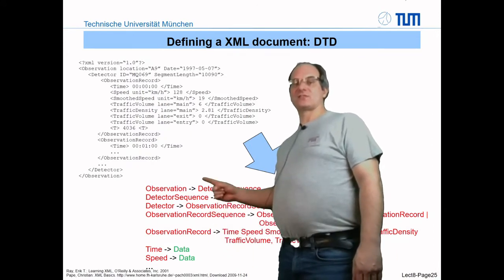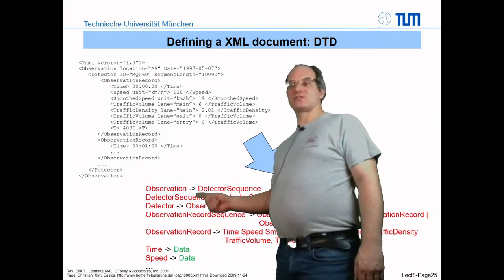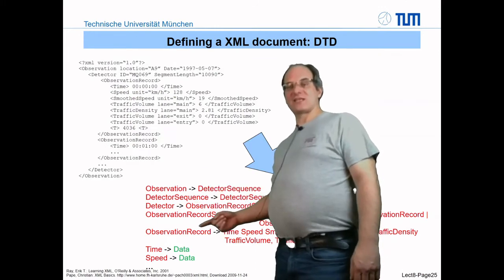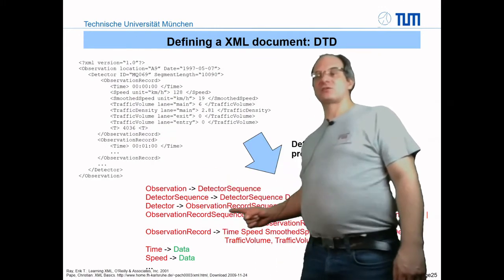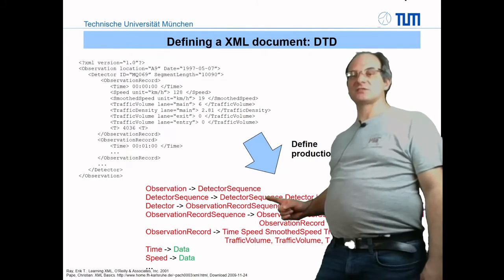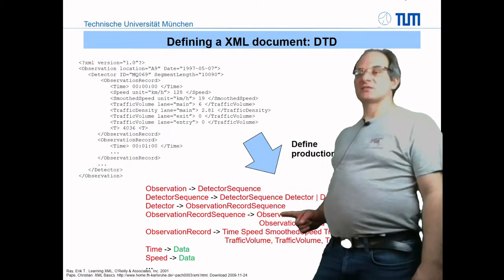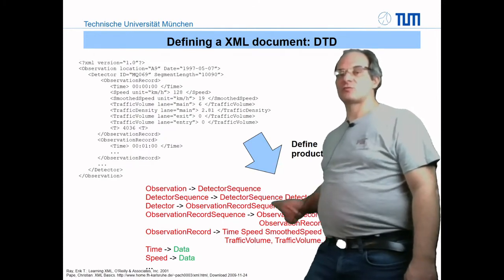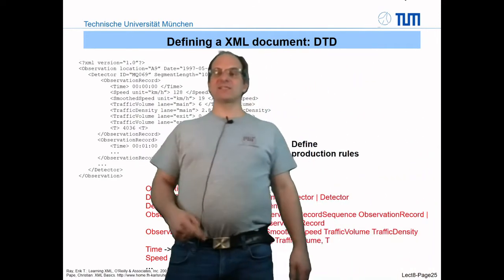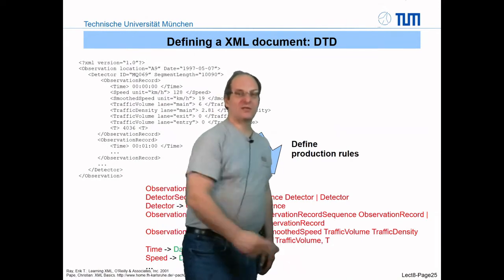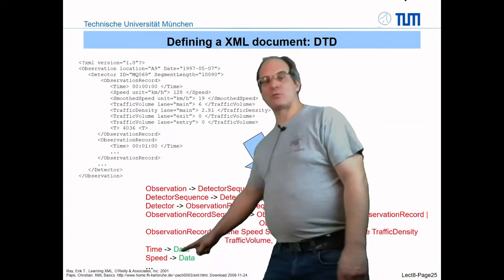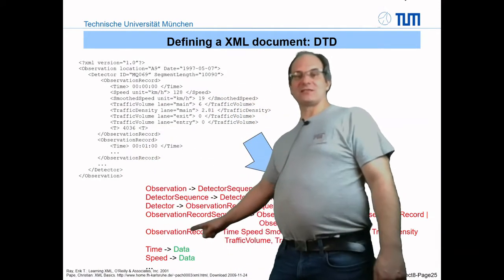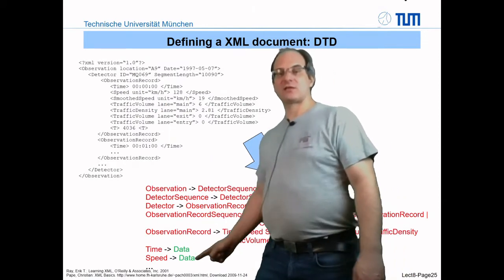So you have the same for detector as for detector sequence. The detector contains an observation record sequence, and the observation record sequence contains the observation record sequence combined with an observation record, or a single observation record, and so on. And then you can go down until you get the real data, which are the terminals. So these are non-terminals, and these are the terminals.